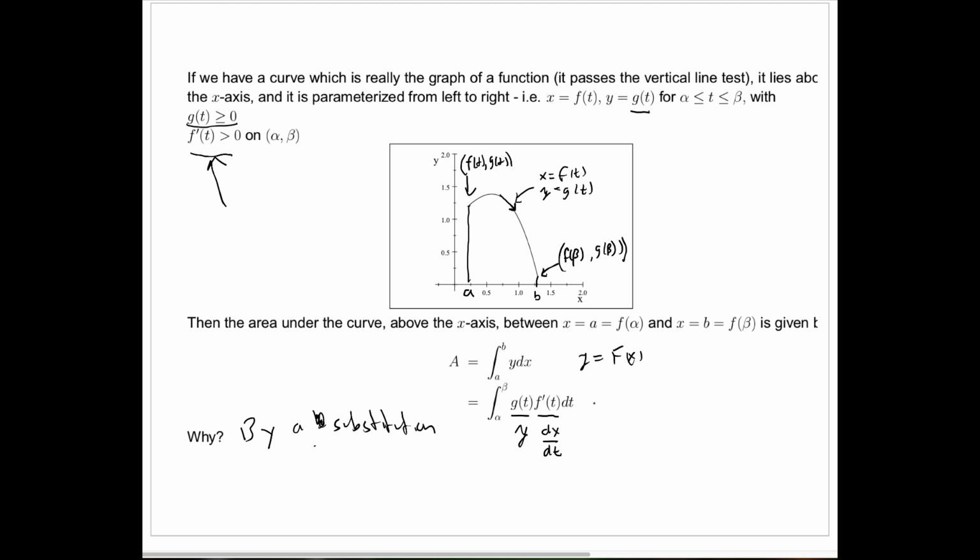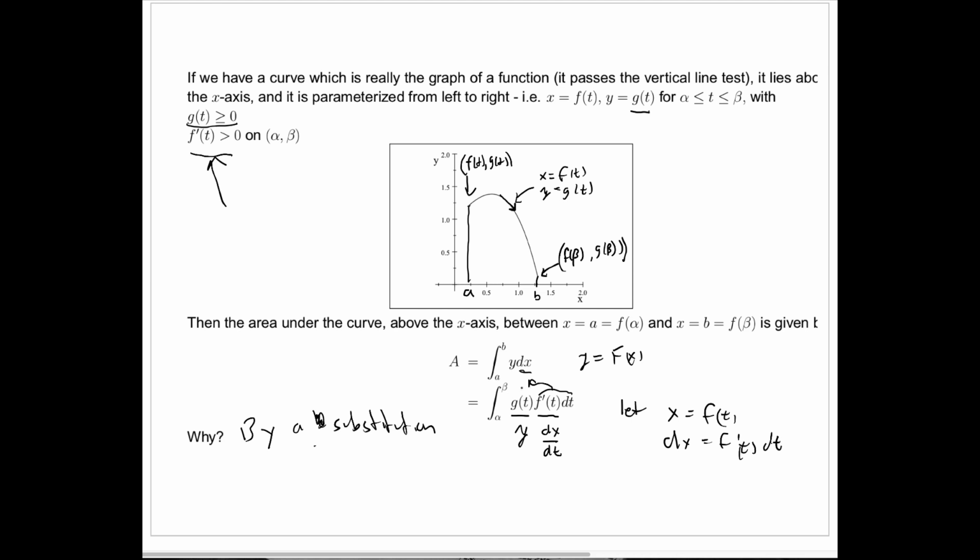In this second integral, if we just let x be little f of t, which is what we have in our parameterization, then of course dx is just f prime of t dt. And if we want to transform this integral below into an integral involving x, how would we do it? Well, we would just replace the f prime of t dt by the dx.